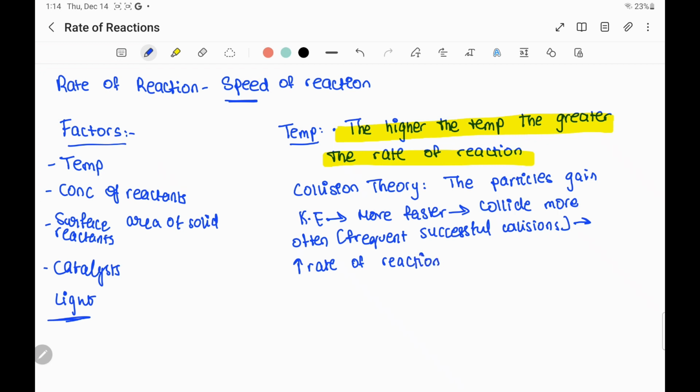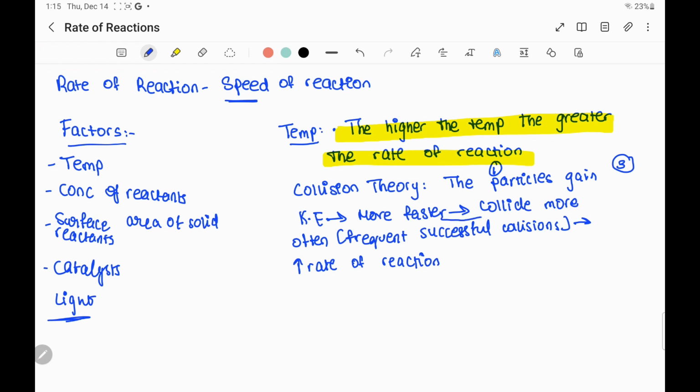Another point that you need to write, and by the way, this is a very common question in your paper 4 exam. It comes for 3 marks. They ask you, why does the reaction rate increase when you have higher temperature? You say the particles gain kinetic energy. That's 1 mark. They move faster and collide more often.